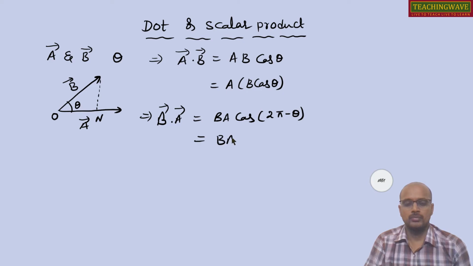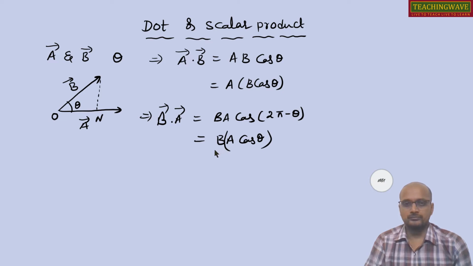Therefore, b a cos theta. Again, we can also write it as b of a cos theta. Here a cos theta is the component of a bar along b bar.